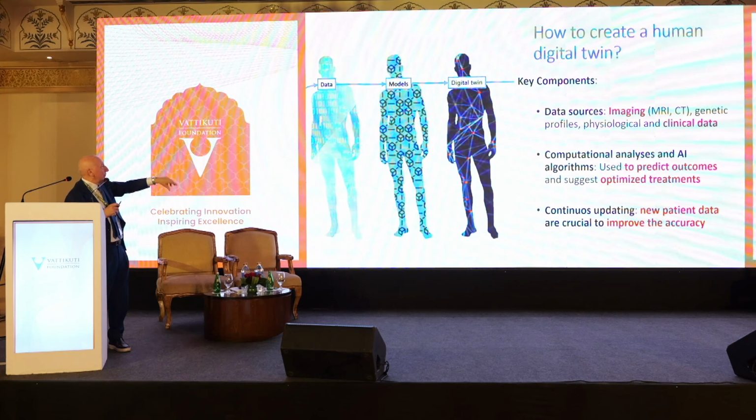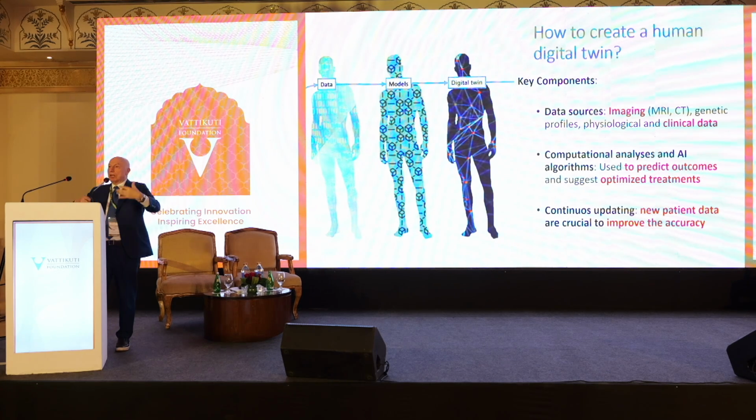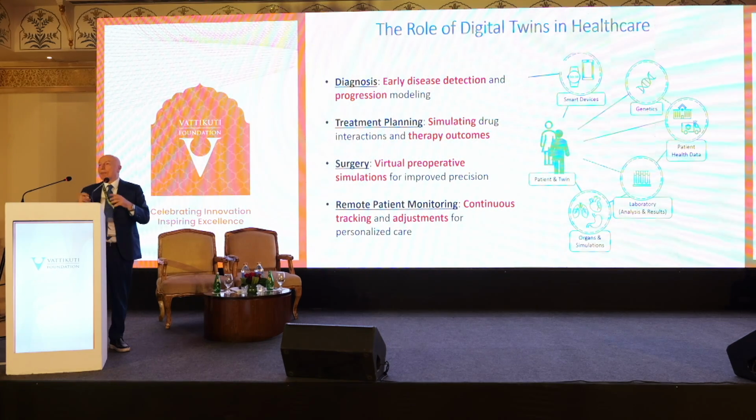This model needs to be continuously updated because, as you know, the body evolves, we have a new disease, we have problems during the day, and so we need to update the data for each patient.